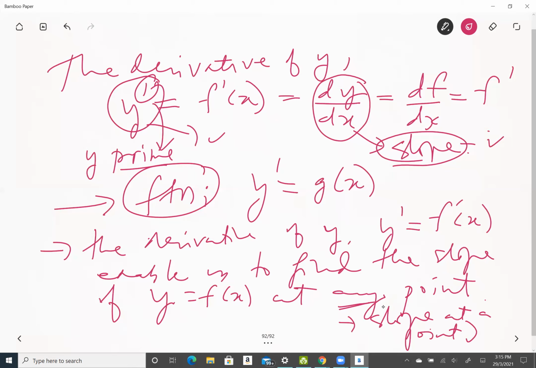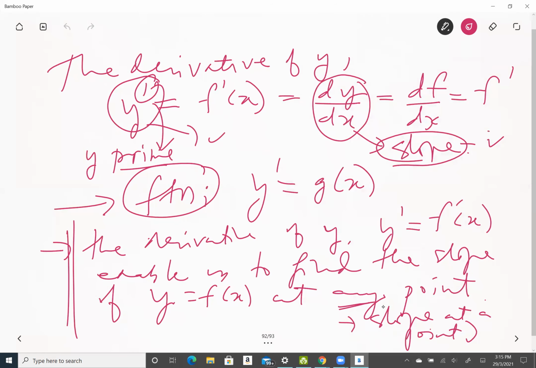Now what does it mean? In order to elaborate this, we will go back to the concept of slope in chapter number 2. What is the idea of the slope from what we learned already in chapter 2? For a linear function, y equal to mx plus b, what is the idea of slope? The change of y divided by the change of x.